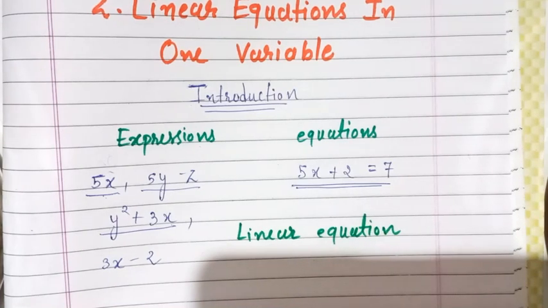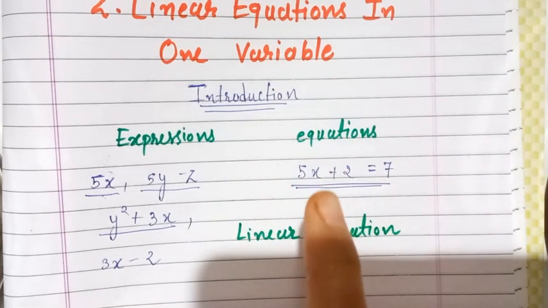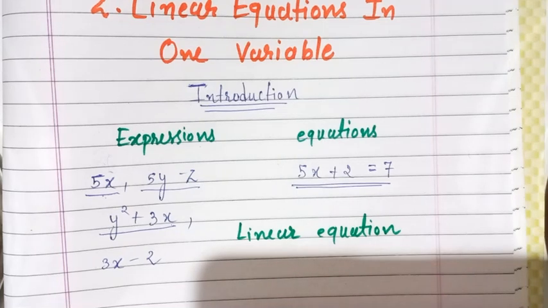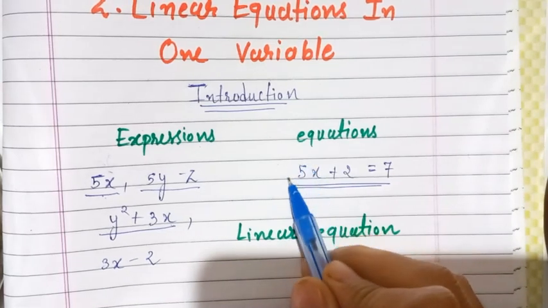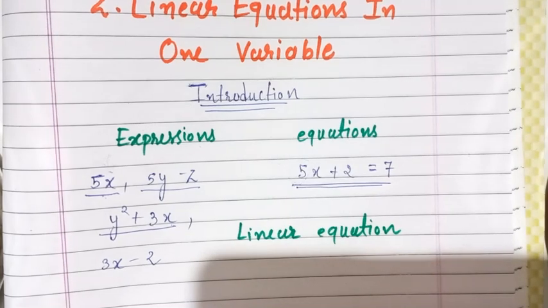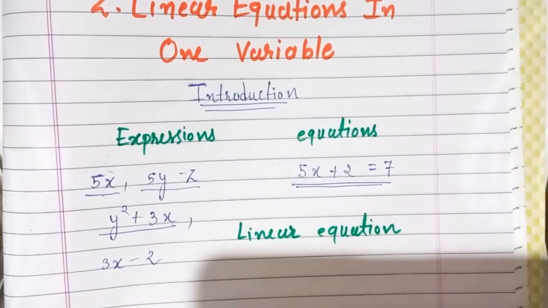So now you might understand what an equation consists of: variable and equality sign. And one thing I should tell you, what is this 5? Let's learn this after.